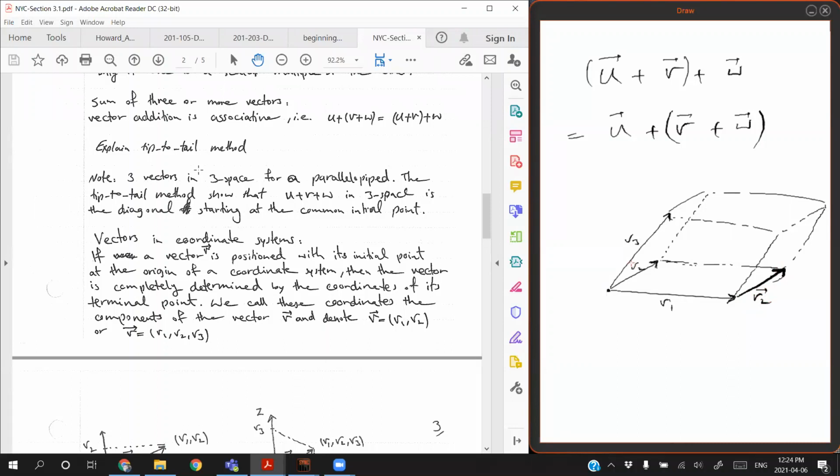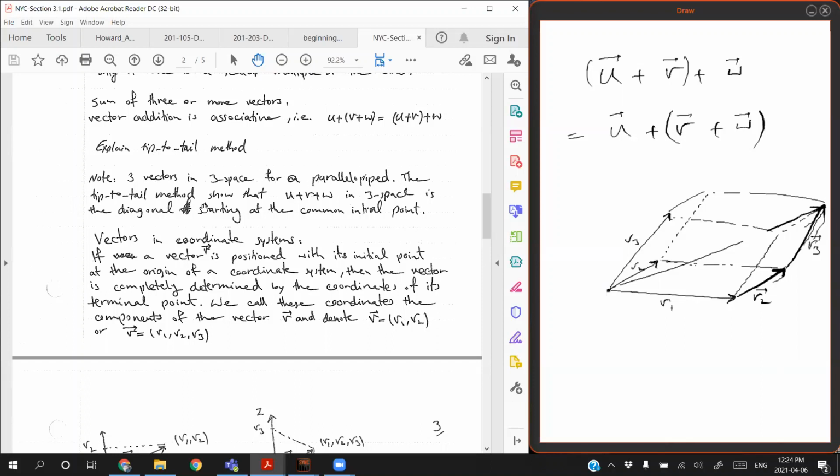And then for v3, you're going to bring it over here so that the initial point of v3 coincides with the terminal point of v2. You're going to get this one. That's going to be v3. So now you can see that actually the sum of these three vectors is going to be a vector that connects this corner of the parallelepiped to the other corner.